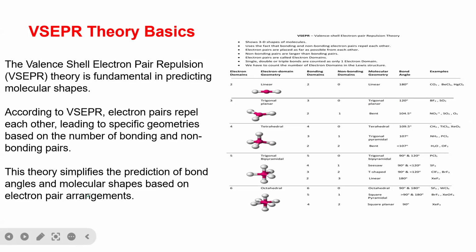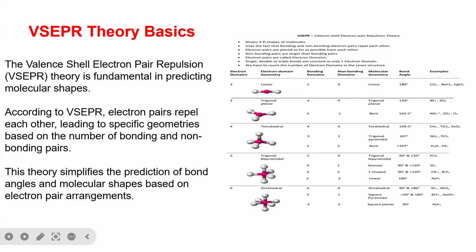According to this theory, electron pairs repel each other, leading to specific geometries based on the number of bonding and non-bonding pairs. Generally, when molecules are formed, bonding and non-bonding pairs are generated. So according to this theory, the geometry of the molecules is based on the bonding and the non-bonding pairs.